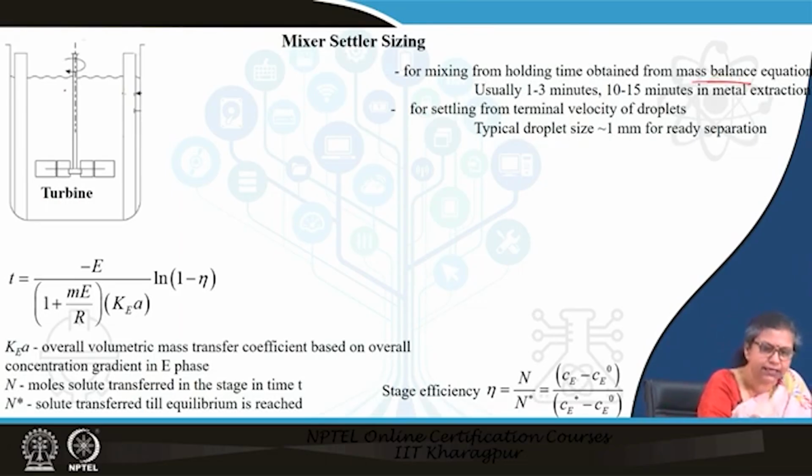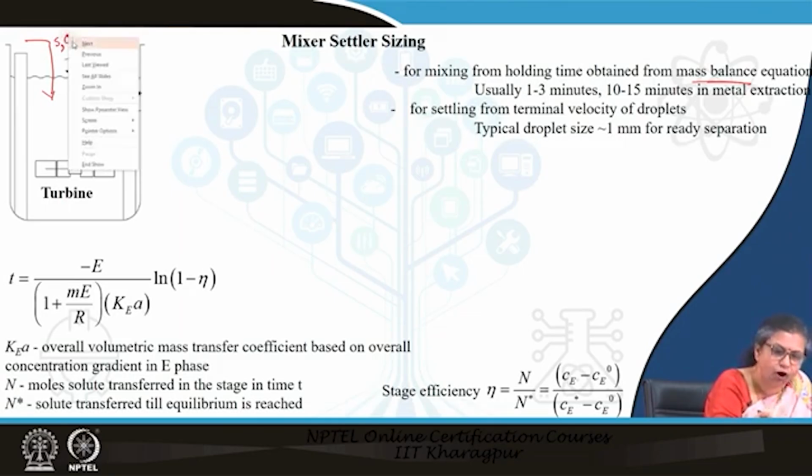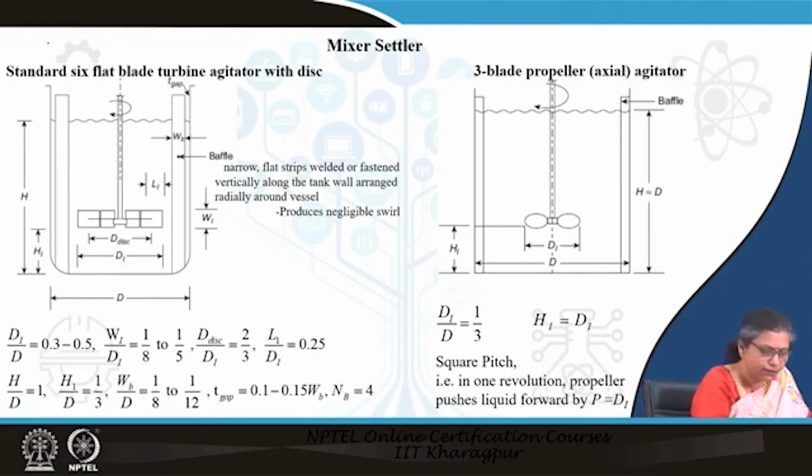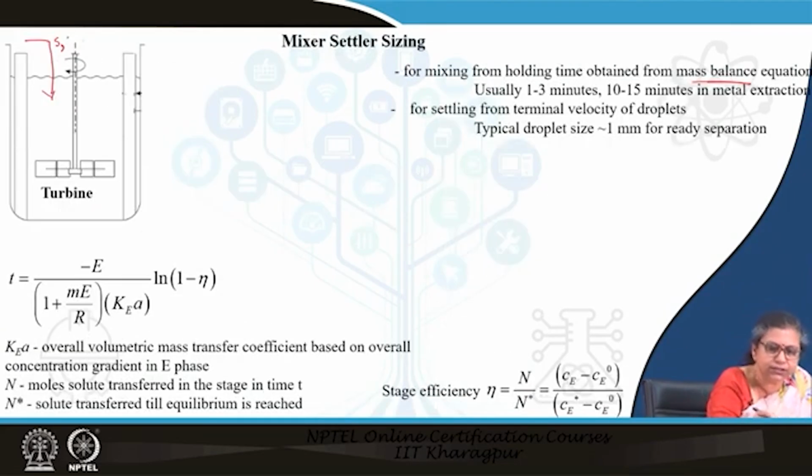In this particular case, if you would like to find the holding time, suppose we introduce the solvent. The solvent is S, and the concentration of the solute in the solvent is say Ce0, and the extract which comes out has a solute concentration of Ce.